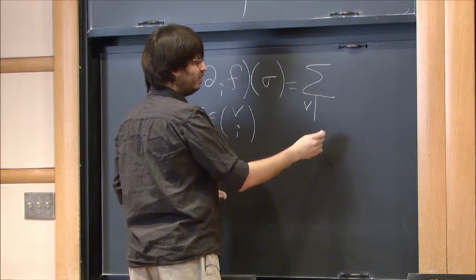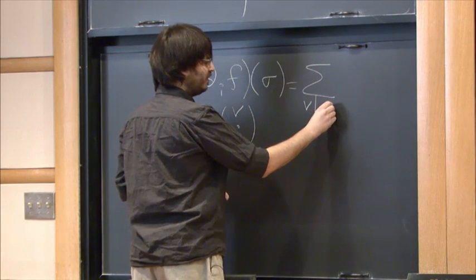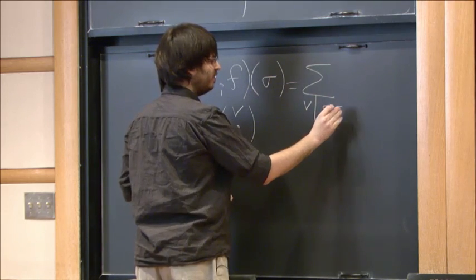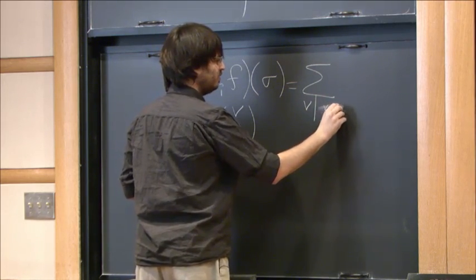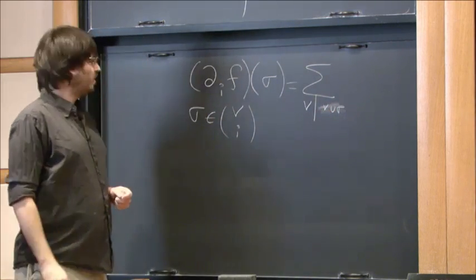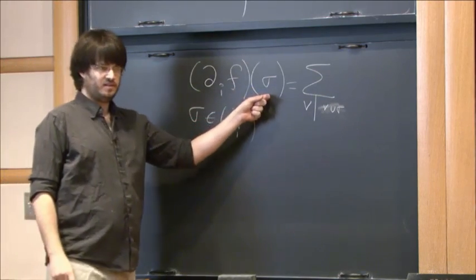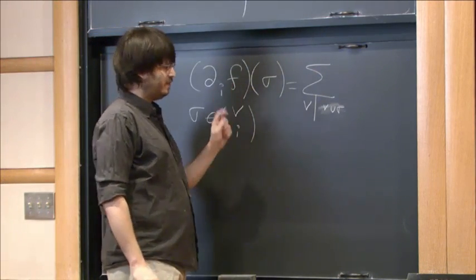I'm looking at all the vertices such that if I add them to the cell, sigma is one dimension lower, and v is a vertex.